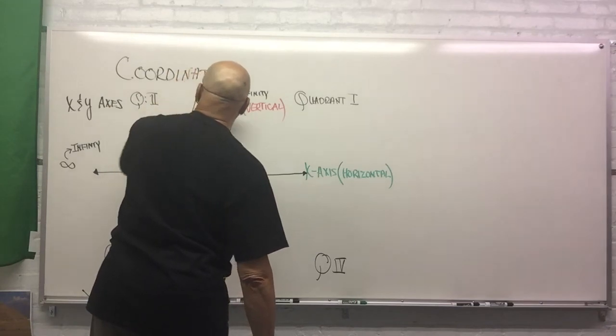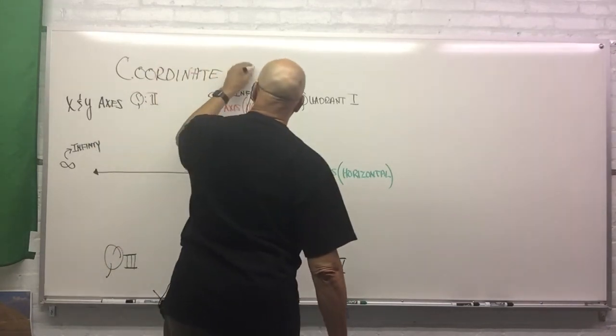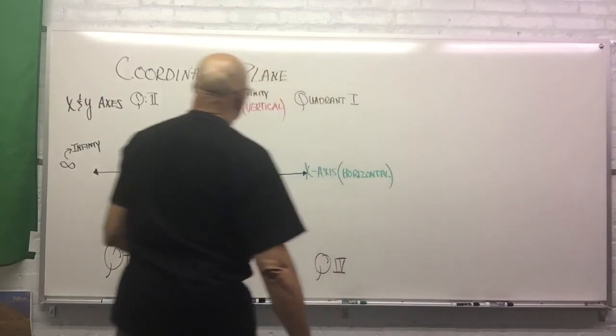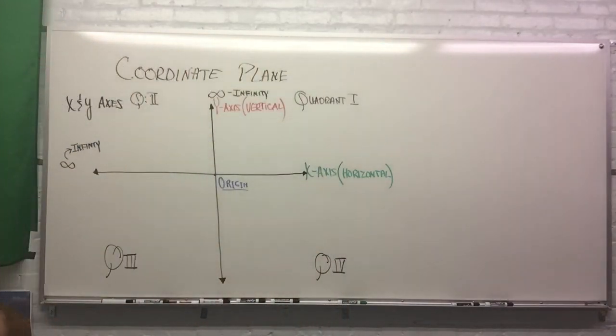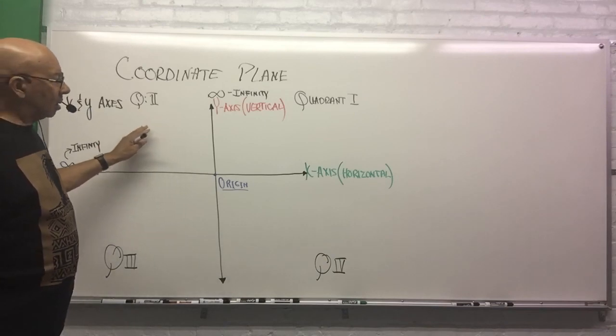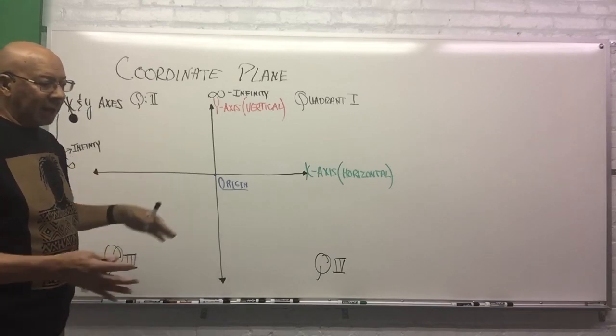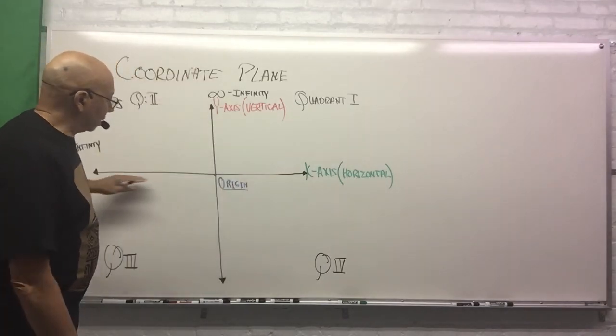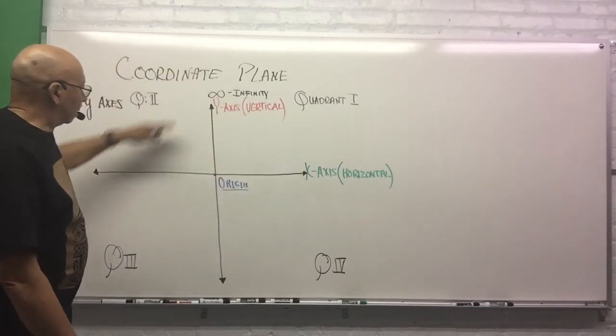C-O-O-R-D-I-N-A-T-E, coordinate plane, P-L-A-N-E. The word plane, as it's used here, describes or tells us that this is a 2-dimensional flat surface. It has length, width, or it has east and west, north and south.